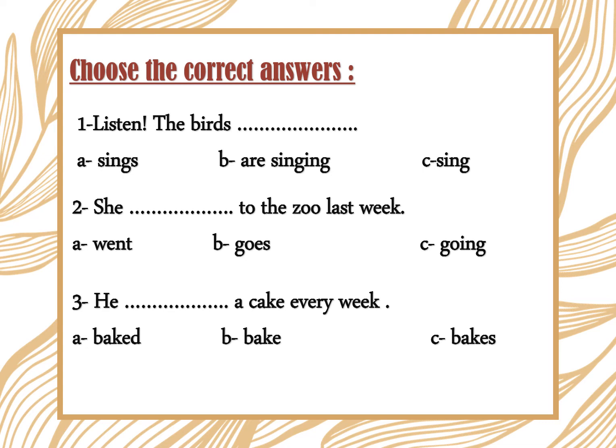The present continuous tense uses words like listen, look, or now. Because here we have birds, we will use the pronoun they, and then we will use are singing. So: Listen, the birds are singing, because we can replace the birds with they. They are singing.